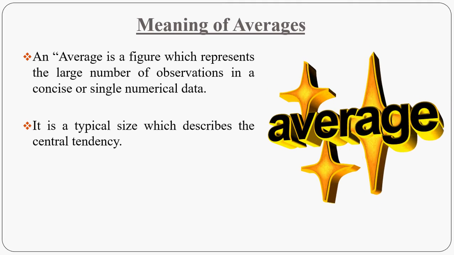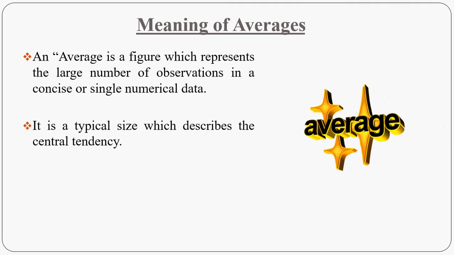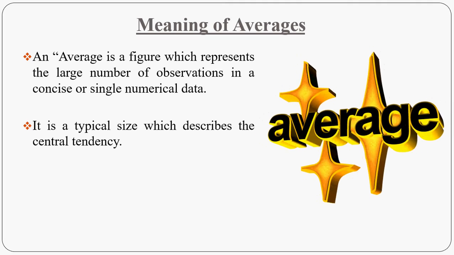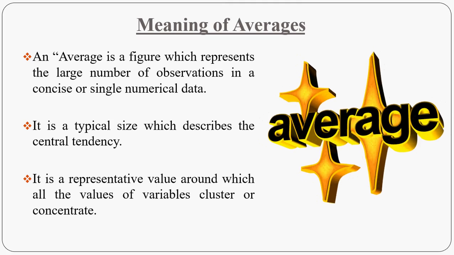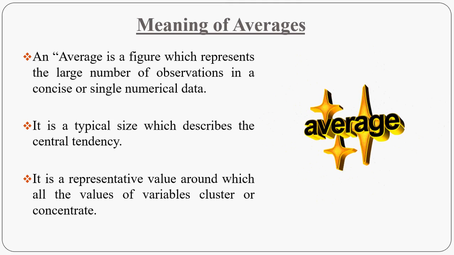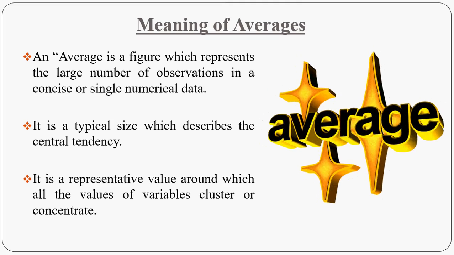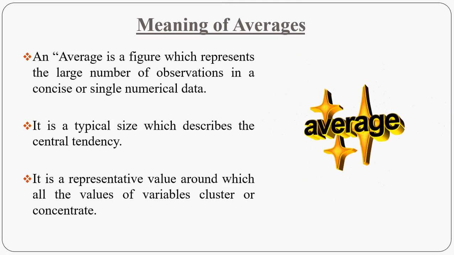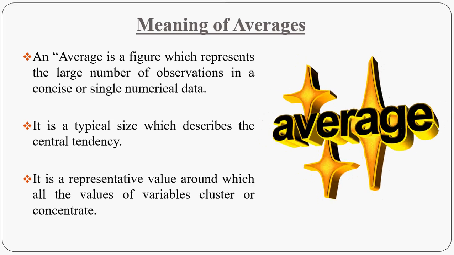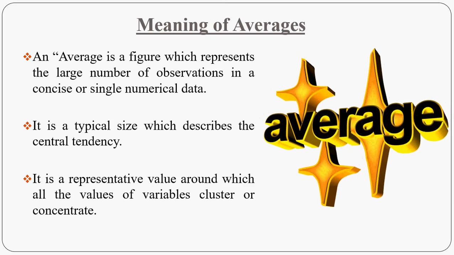So it is a typical size which describes the central tendency. It is a representative value around which all the values of the variable cluster or concentrate. So this is with regards to average.